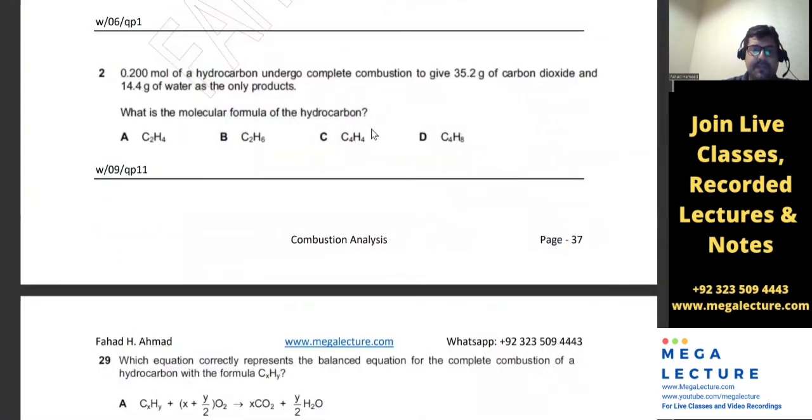This one over here. So I've got this question, and again, it's an unknown hydrocarbon. We don't know what the hydrocarbon is. So you've got two options. You can either make equations for each one of them, or you can go for the general equation, which is CxHy plus x plus y by 4 O2s, and then you're going to have x CO2s and y by 2 H2Os, right?